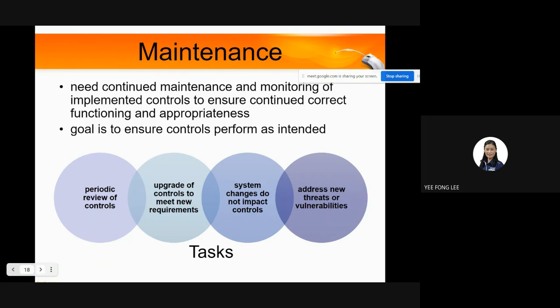It is important that someone has responsibility for this maintenance process, which is generally coordinated by the organization's security officer.